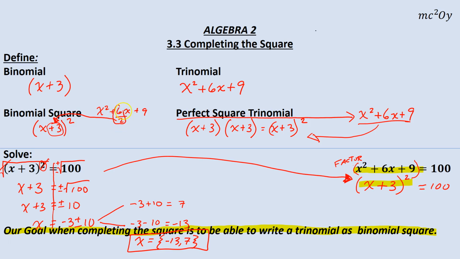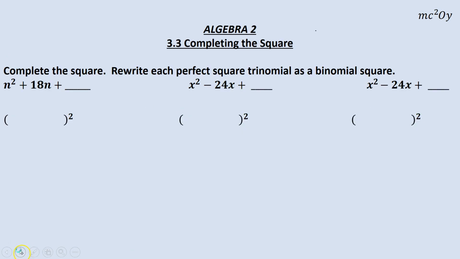And then if I square that number, that's how I get the 9. That's the pattern we follow. So to find this back part, I cut that in half and square it. So half of 18 is 9 and squared is 81.